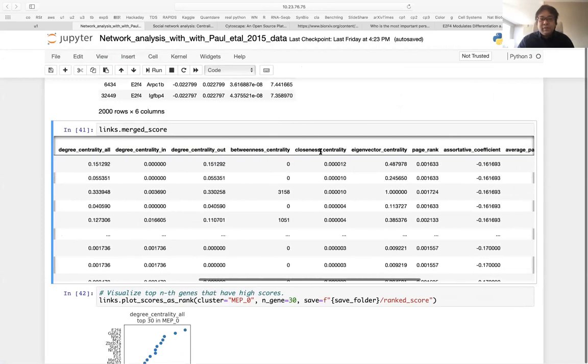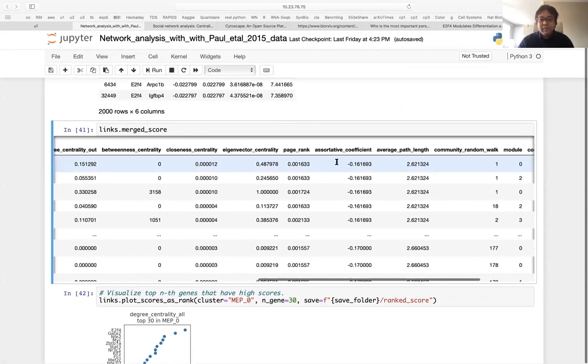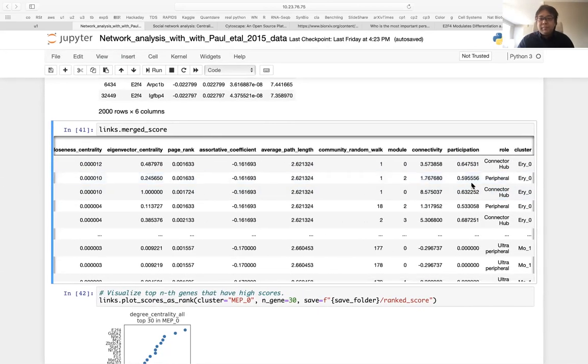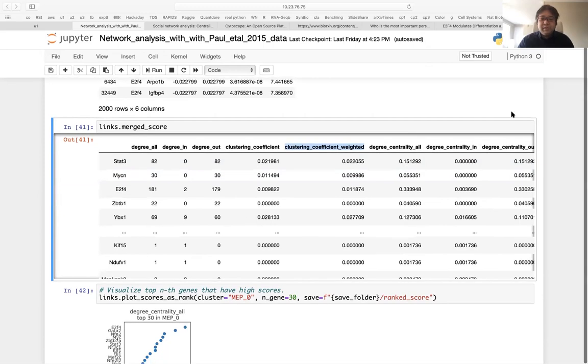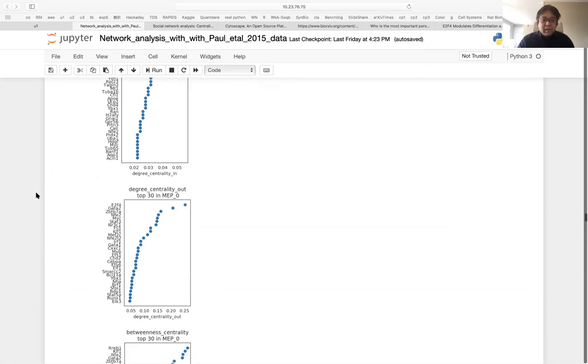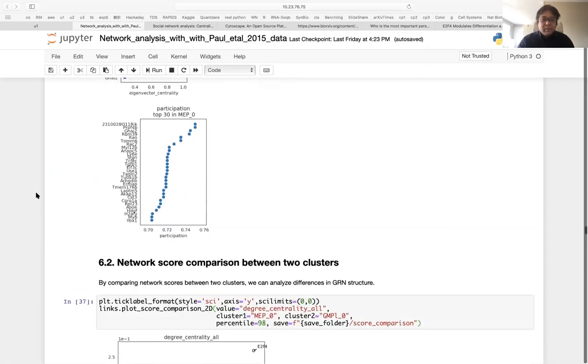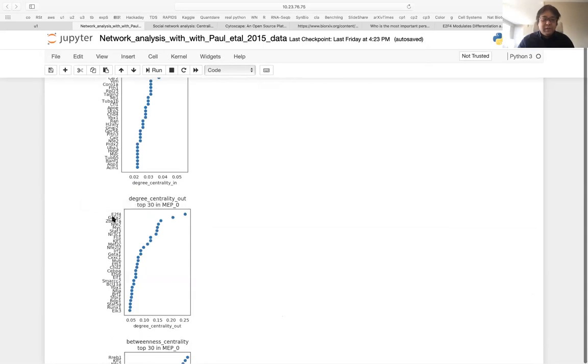You can see closeness centrality, eigenvector centrality, PageRank, or something. We provide many scores, but you don't need to look at all of them. Just use the score if you need it. Okay. So hopefully you can pick up important genes using this score or rank.